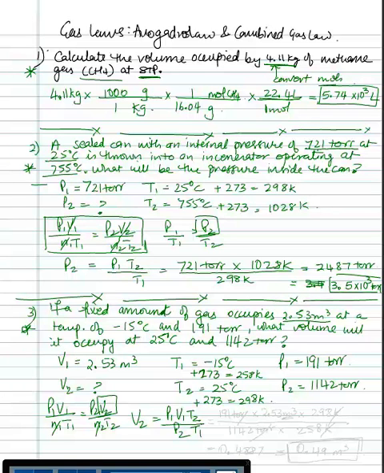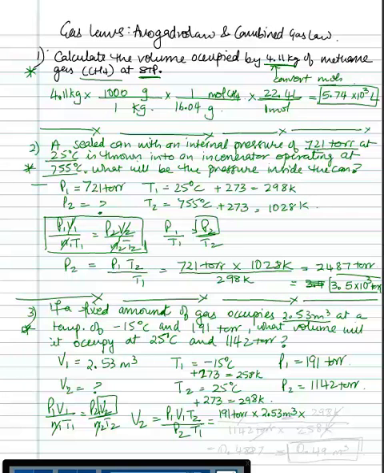Now I can plug in all the numbers. Pressure 1 is 191 torr. Volume 1 is 2.53 meter cubed. You can see I didn't change my volume here. I could change it to liters, but it doesn't really matter. In this case, temperature is the most important thing.